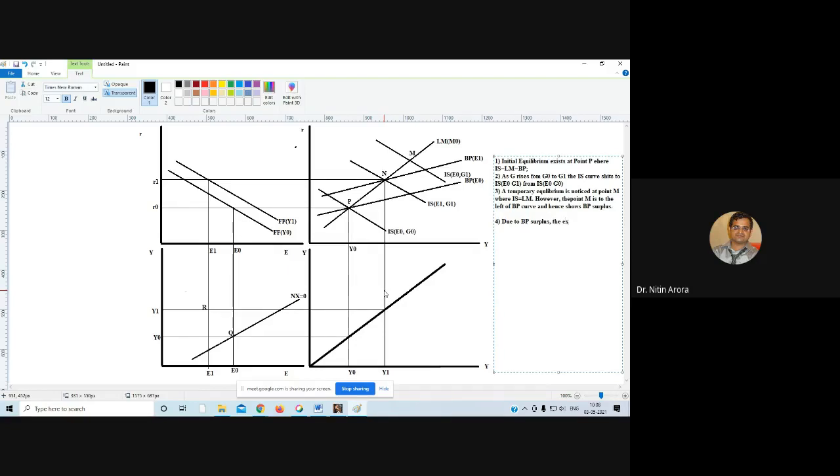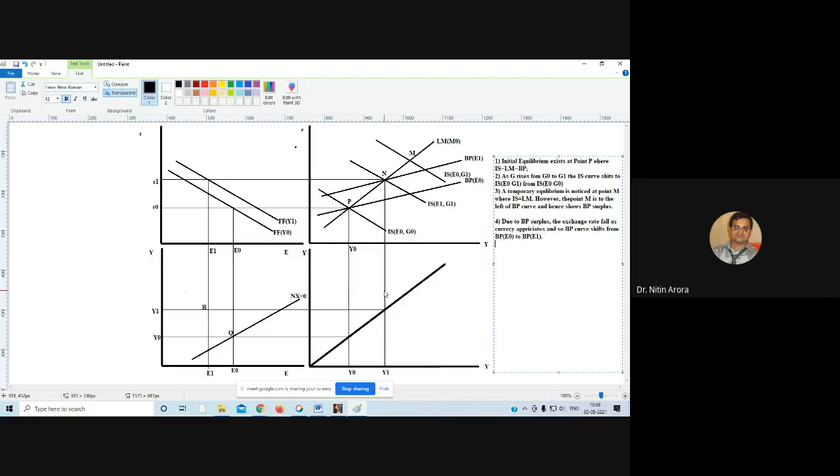the exchange rate falls as the currency appreciates, and so the BP curve shifts from BP E naught, that is with exchange rate E naught, to BP E1.